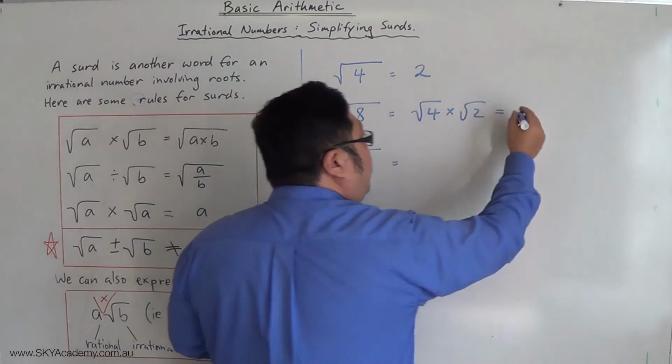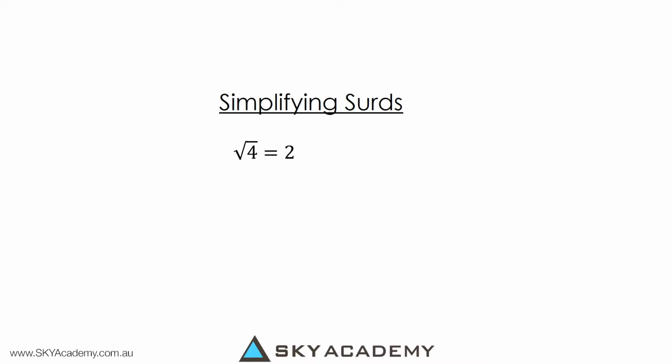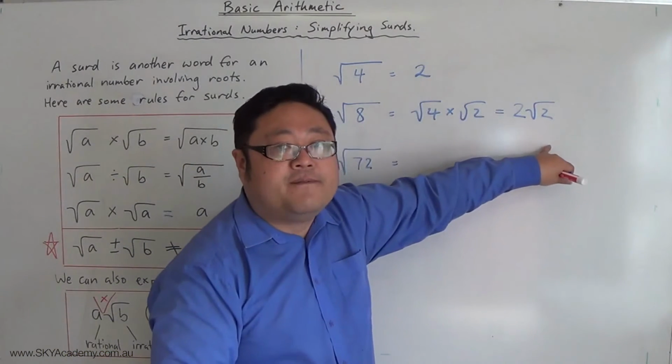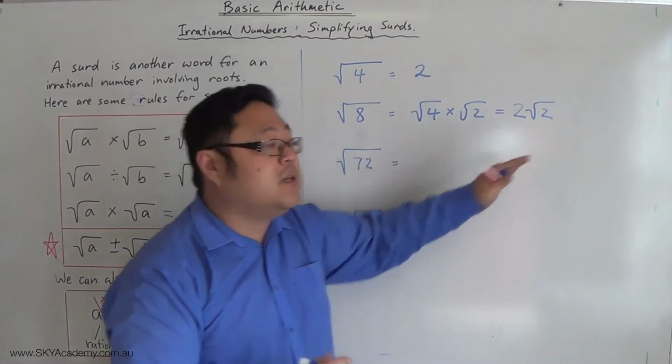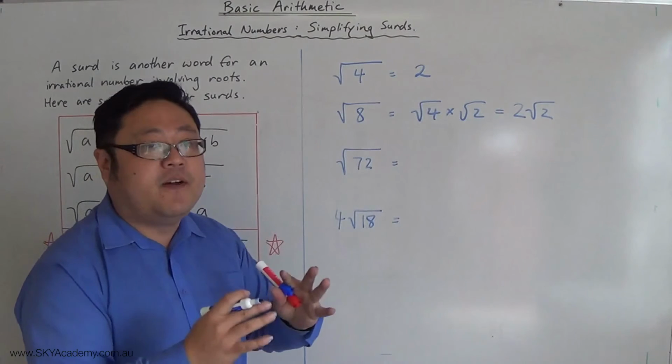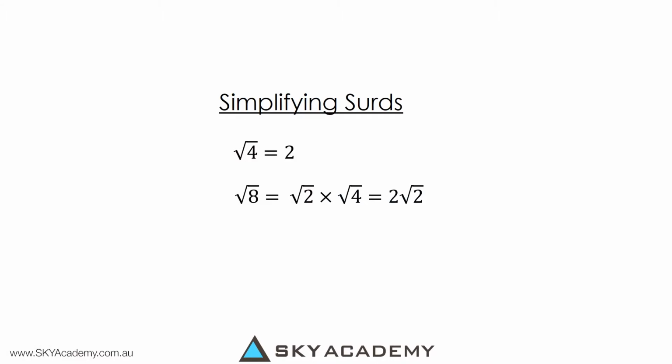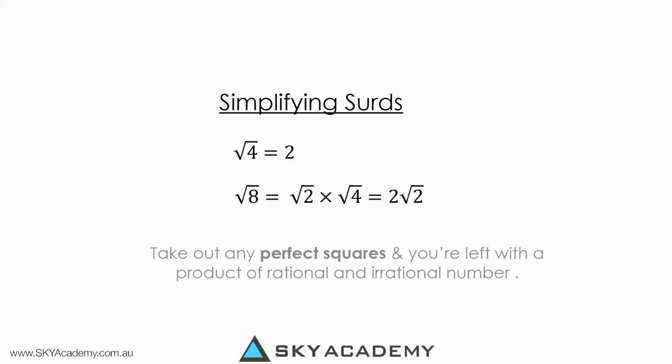So the square root of 8 is better off expressed as 2 root 2. 2 root 2 is this surd in its simplified form. So when the question asks you to simplify a surd, that's what they're asking you to do: take out any perfect squares so that you're left with the product of a rational and an irrational number.